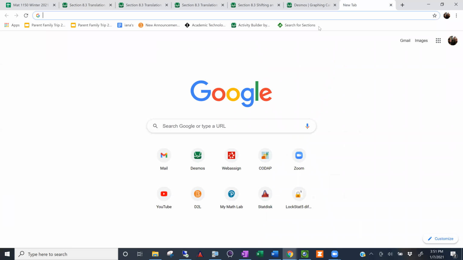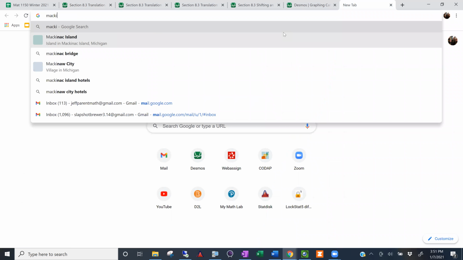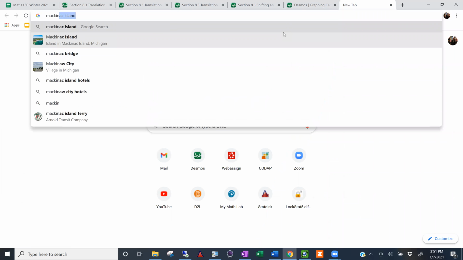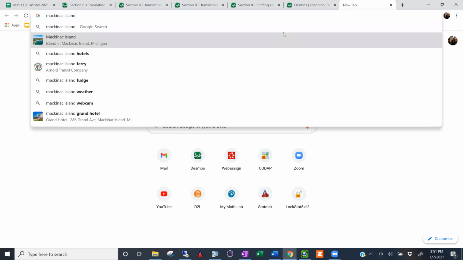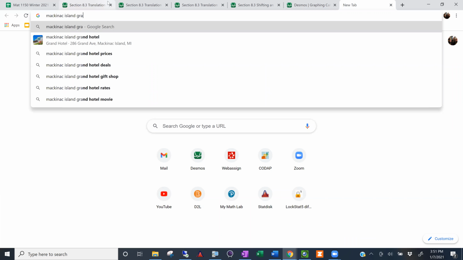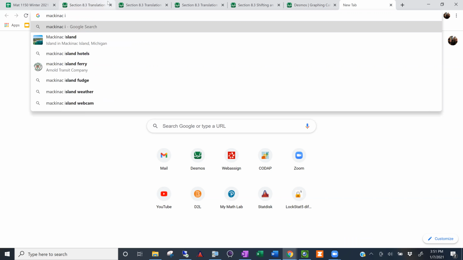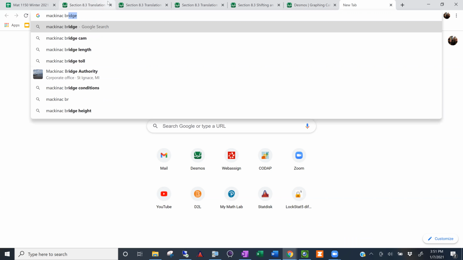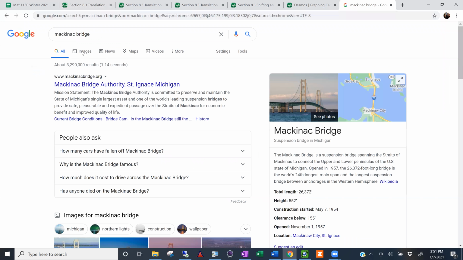In fact, one that you may see right here in the Great Lakes state, if you go up north, you might see, not the Mackinac Island Grand Hotel, I want the Mackinac Bridge. There we go, Mackinac Bridge. And let's take a look at some images.